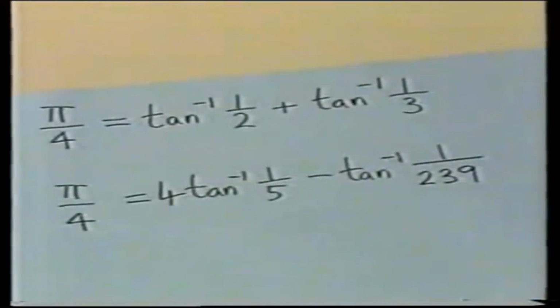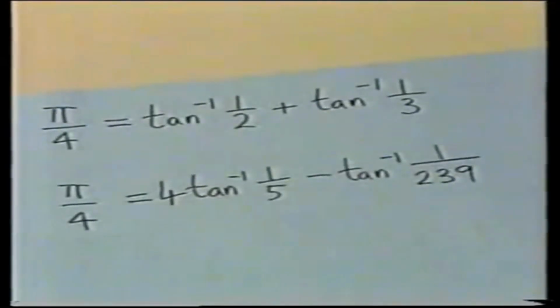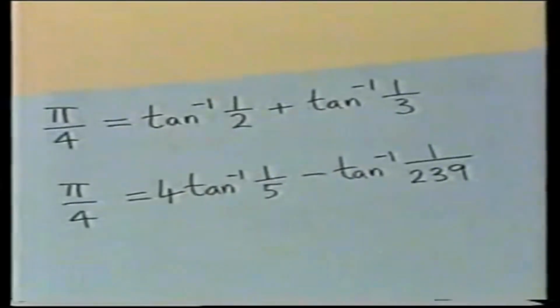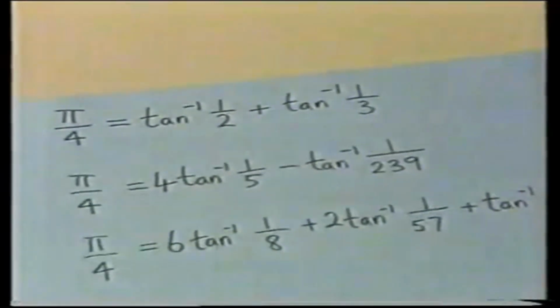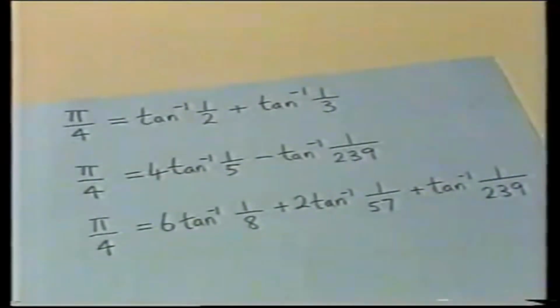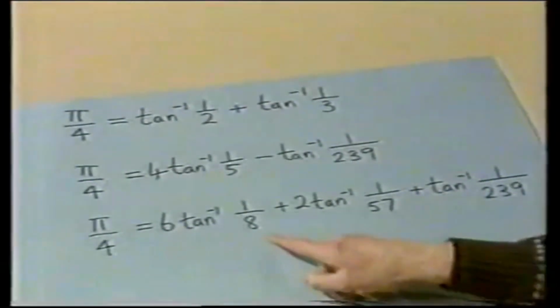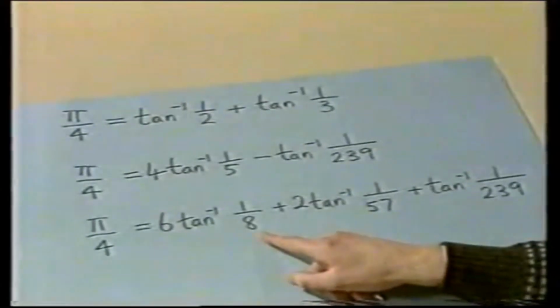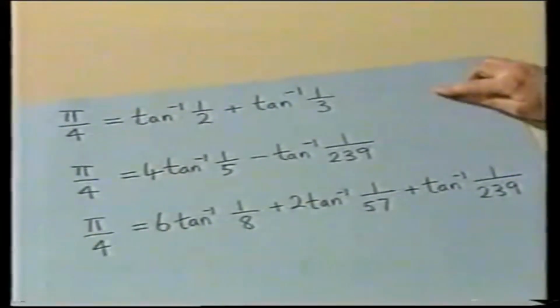So we can do even better by obtaining formulas for pi by 4 which involve inverse tangents of even smaller numbers. Here's one such formula. It's more complicated than the ones we've just looked at, but the speed of convergence is determined by this number, 1/8. And so it's much faster than these.